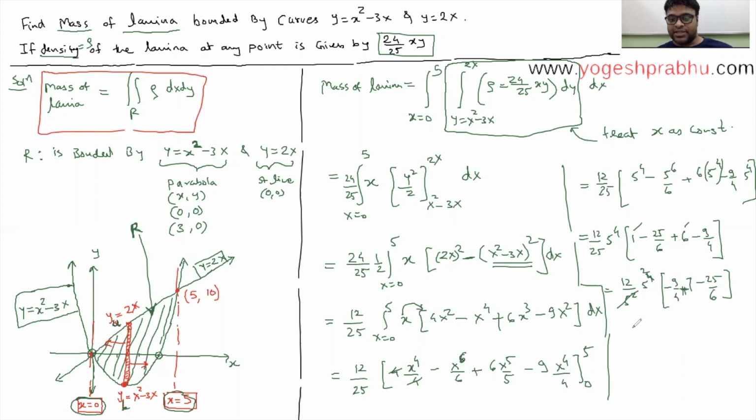Okay, so we have to solve this term as well. So it is 12 times 5 square, it is 25. And you should use calculator for this now. You can just take this as the LCM as 12.